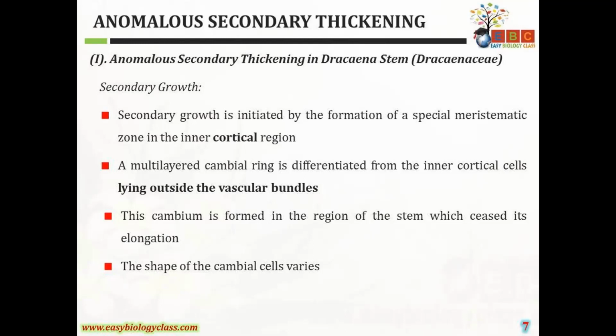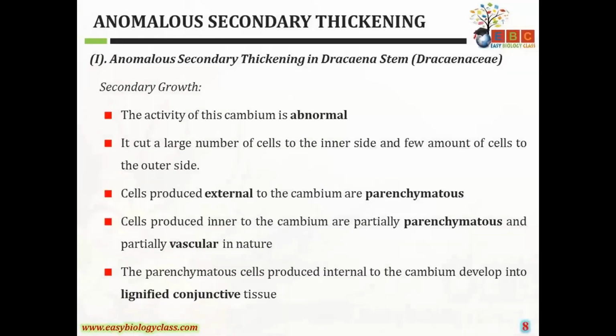This cambium is formed in the region of the stem that has stopped its elongation, and the shape of the cambial cells also varies. The activity of this cambium is also abnormal.